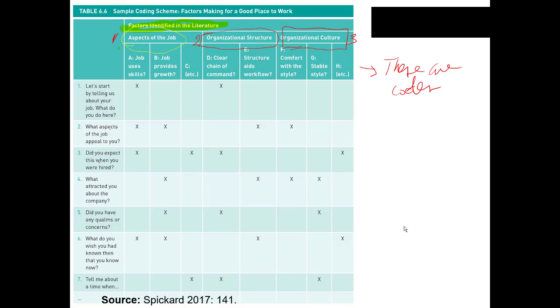So initially you thought, oh, they're going to use all my GIS skills or all my site location skills. And up here, let's start by telling us about your job. What do you do here? If all you do is answer the phone all day and act as customer support, something that you didn't sign up to do, there may be discrepancies between what you expected when you were hired and what the job actually was.